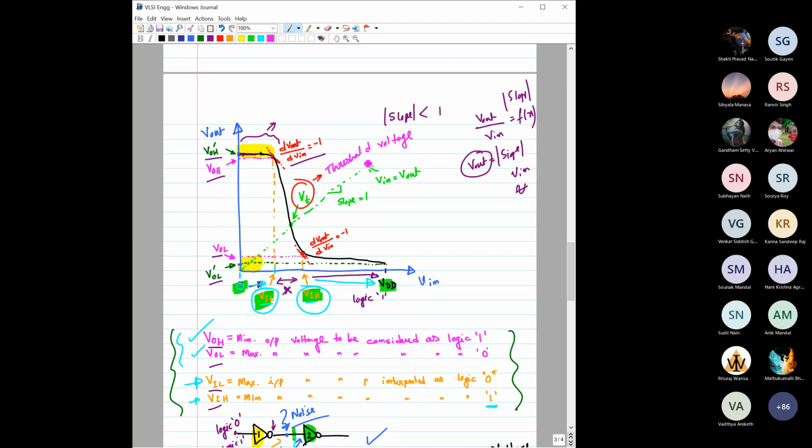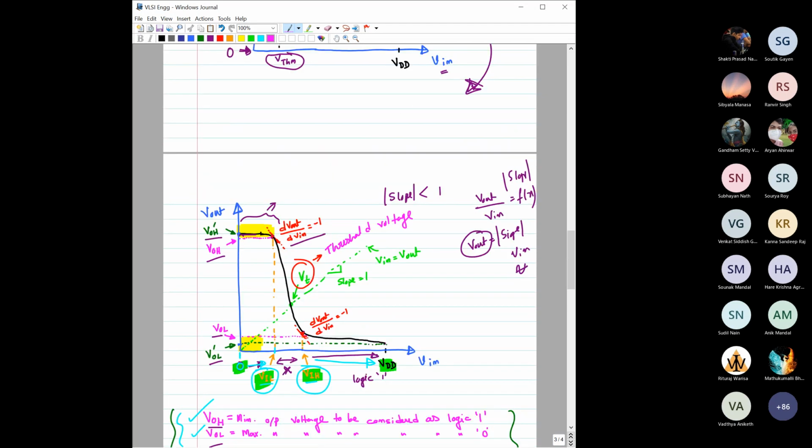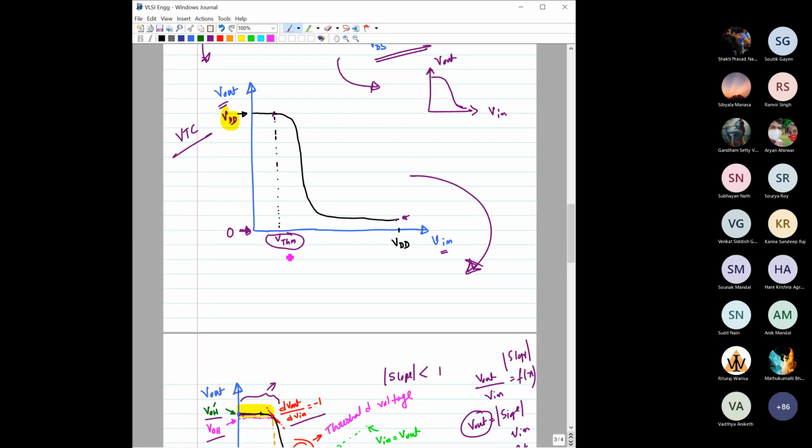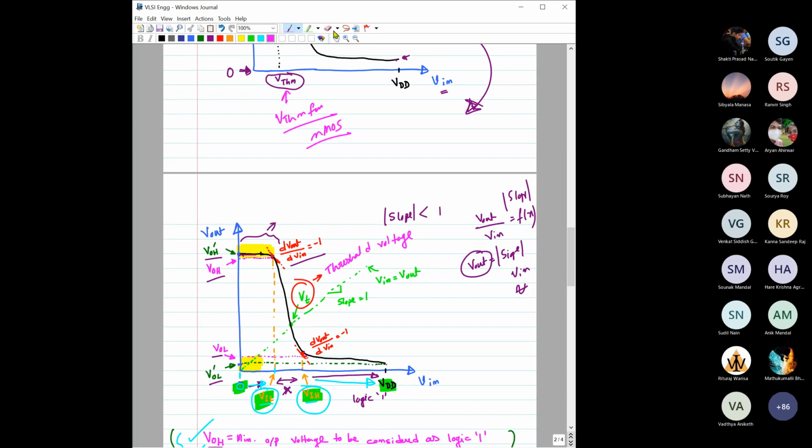Now you might say we said in the last page that this is the threshold voltage for NMOS. That is true. Actually, it is better to say threshold level of this inverter.